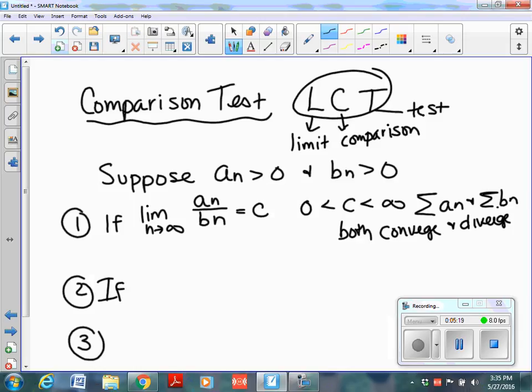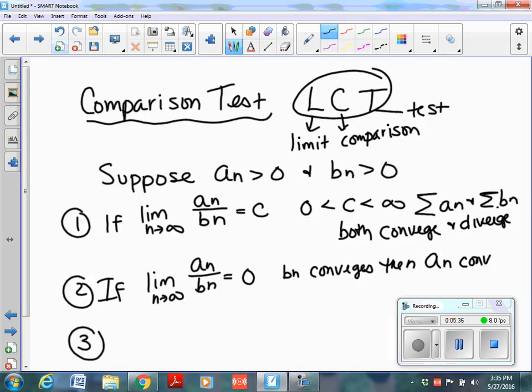If the limit as n approaches infinity of a_n over b_n equals 0, then if b_n converges, then also a_n must converge.